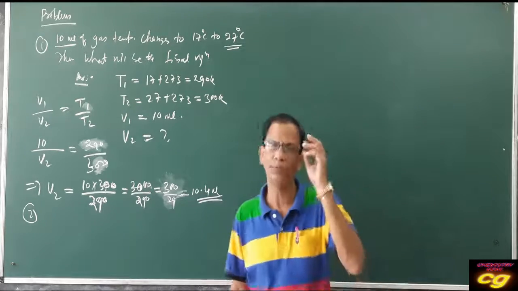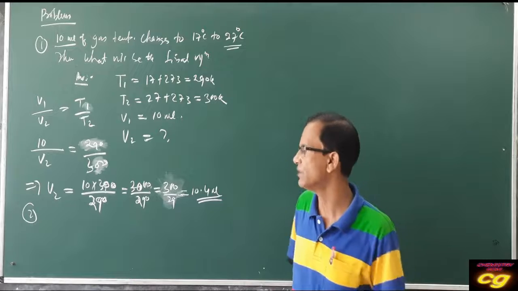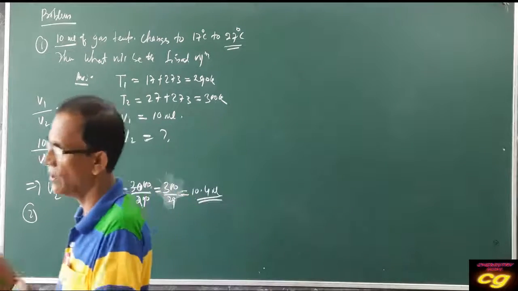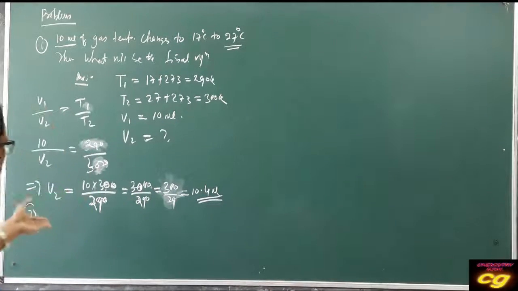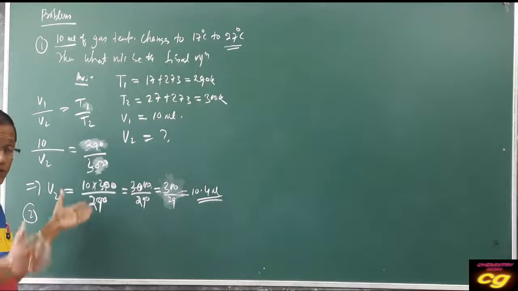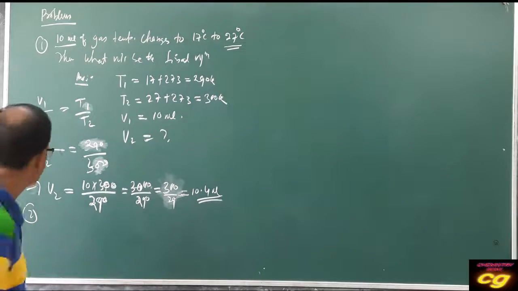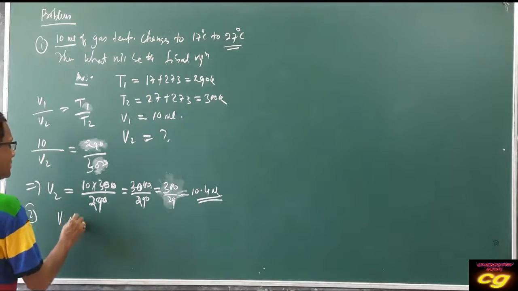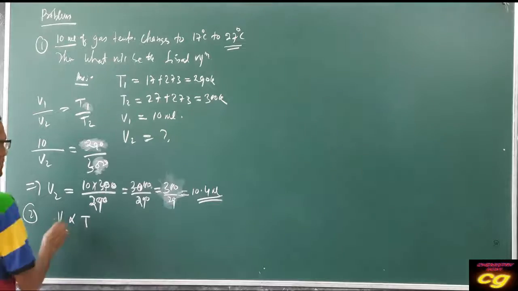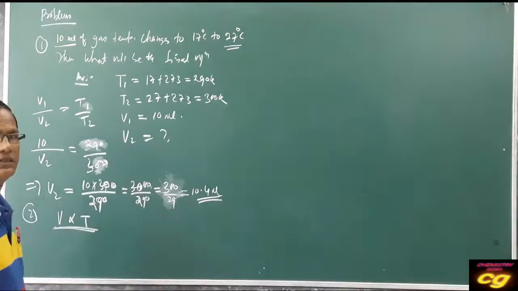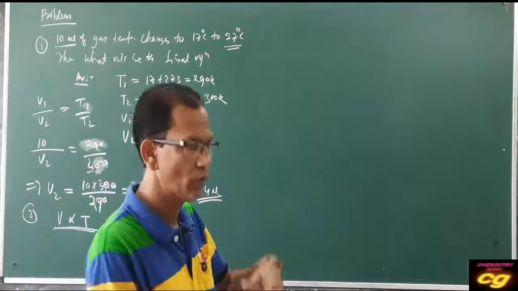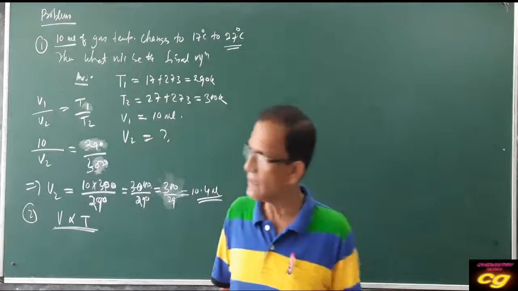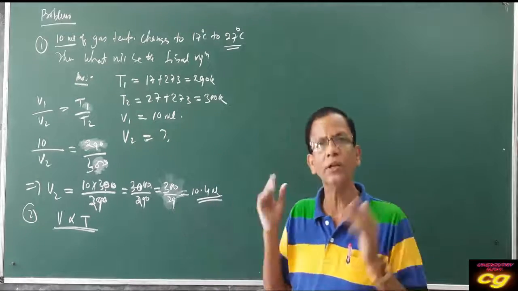Due to increase in temperature, the gas temperature increases. When gas temperature increases, the volume of the gas, volume of the tube or tire, will increase. That's why, as V is proportional to T, the volume of the tire increases during friction. When the volume increases, it can expand to a certain limit.